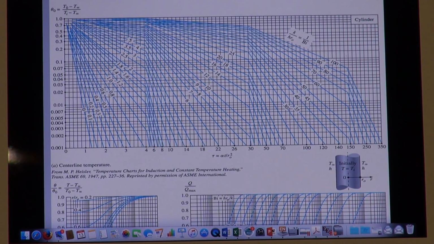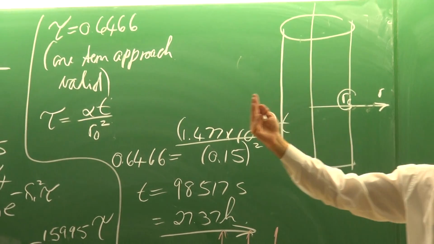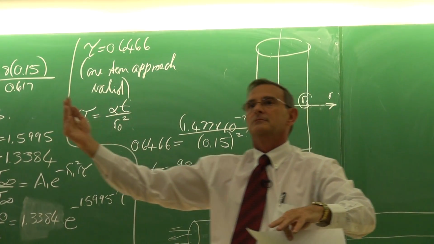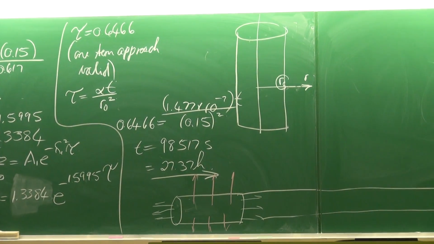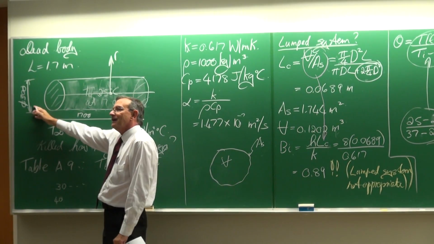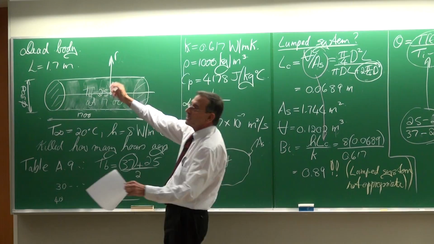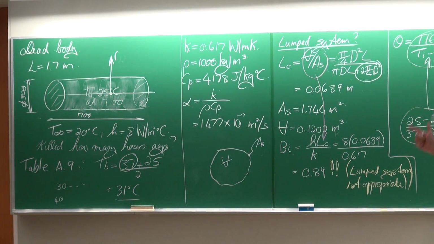So there you will see R0 is that distance there, which is half of 300, it's 150 millimeters. It says 500. Sorry, 300, yeah. Sorry, it's my handwriting. As I said, there's a difference between what I mean and what I write and what I say sometimes.